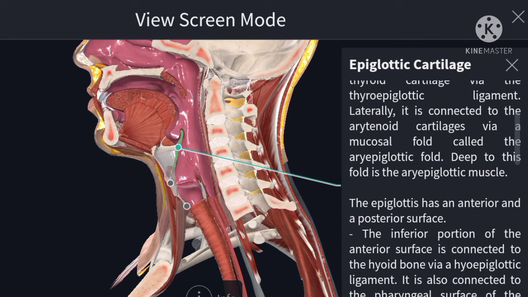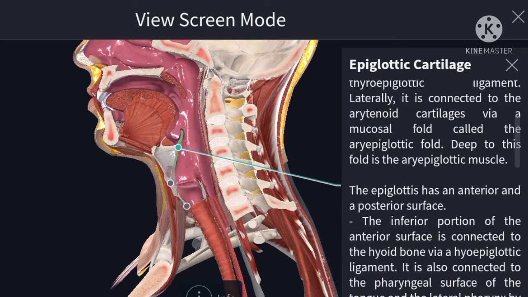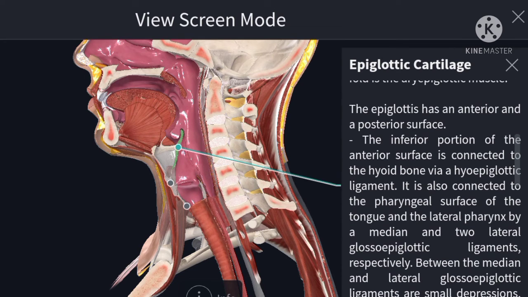The epiglottis has anterior and posterior surfaces, as you already know. The inferior portion of the anterior surface is connected to the hyoid bone via the hyoepiglottic ligament, and it is also connected to the pharyngeal surface of the tongue and the lateral pharynx by the median and two lateral glossoepiglottic ligaments respectively.